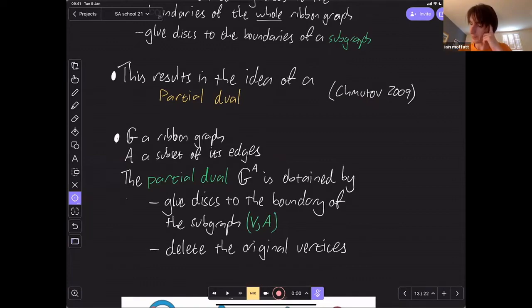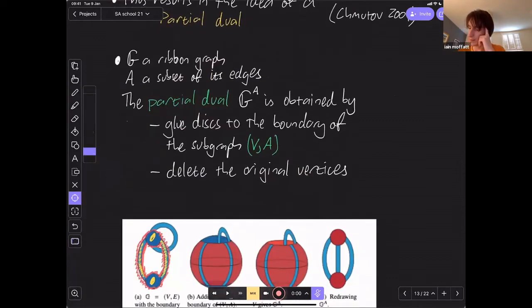So if I take a ribbon graph and some subset of its edges, then my partial dual G to the A, where A is the set of edges I want to dualize, I obtain by looking at the subgraph on A. So in this example, a subgraph formed by these yellow shaded edges. Then I glue in disks to the boundary and just delete the original vertices, and I get a new ribbon graph.